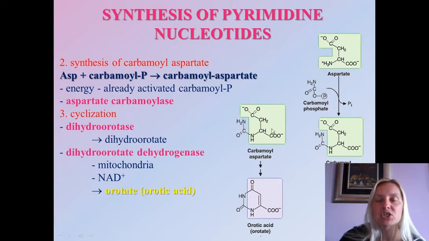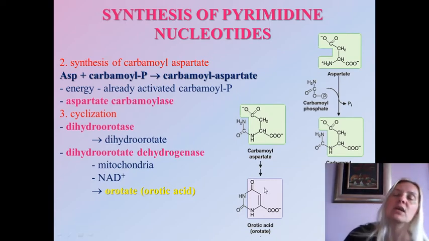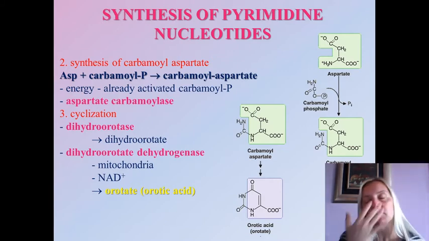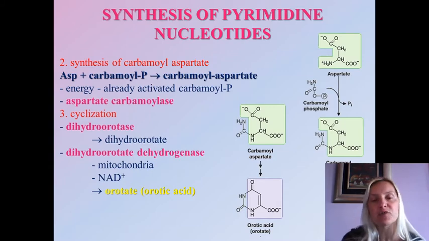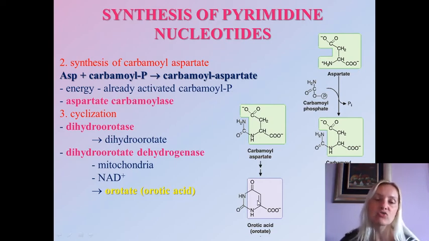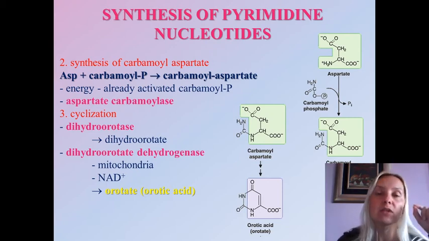The third reaction is the reaction of cyclization, and this step is completed in two steps. The first step is catalyzed by the enzyme dihydroorotase, and dihydroorotate is formed, and then there is an oxidation by dihydroorotate dehydrogenase, which is the enzyme found only in mitochondria.